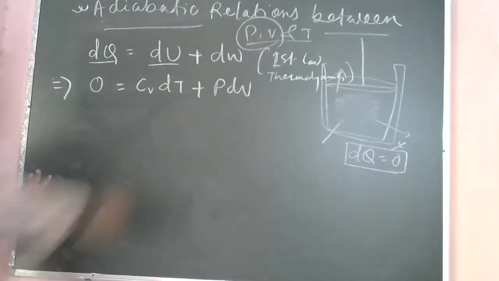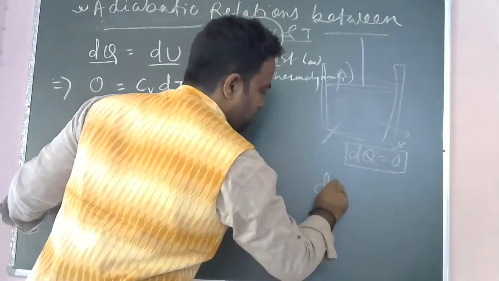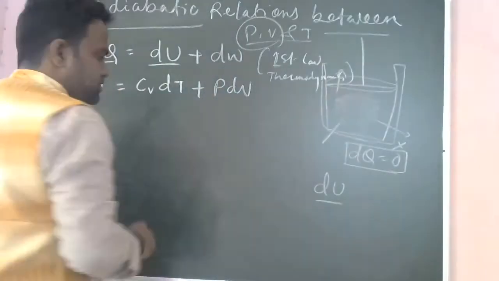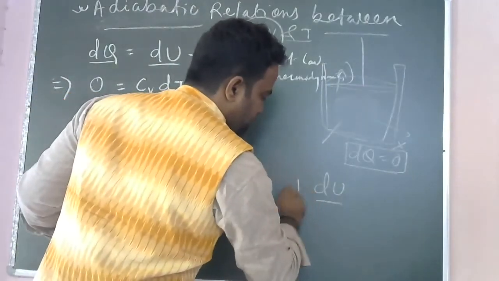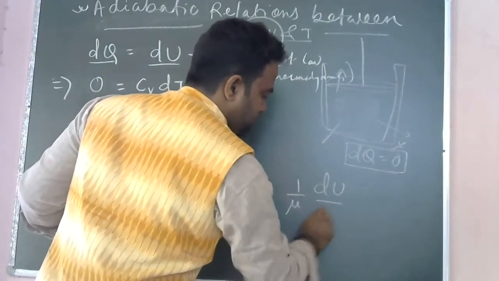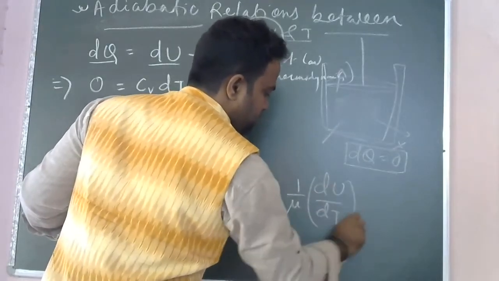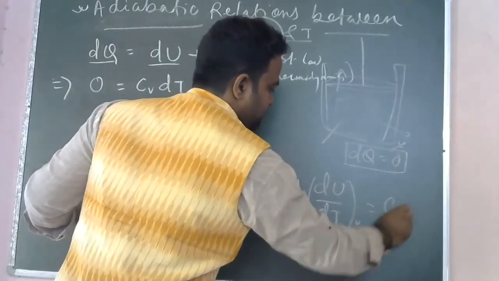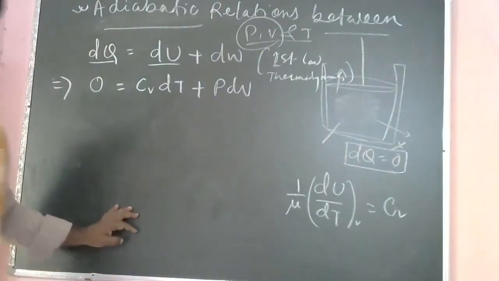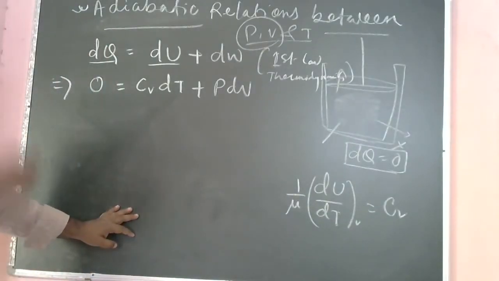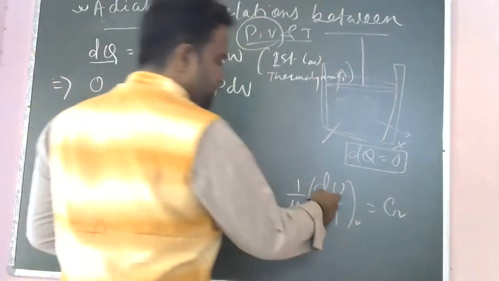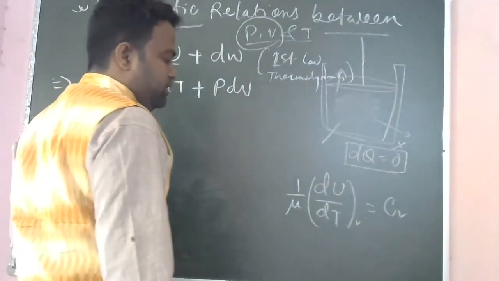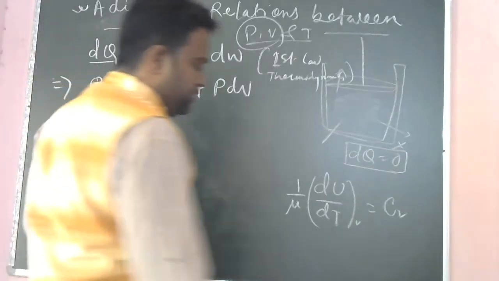How? I think all of you know that for 1 mole of substance we can write 1 by mu du by dT at constant volume is your Cv, the specific heat capacity. This is the relationship between Cv and the internal energy du.